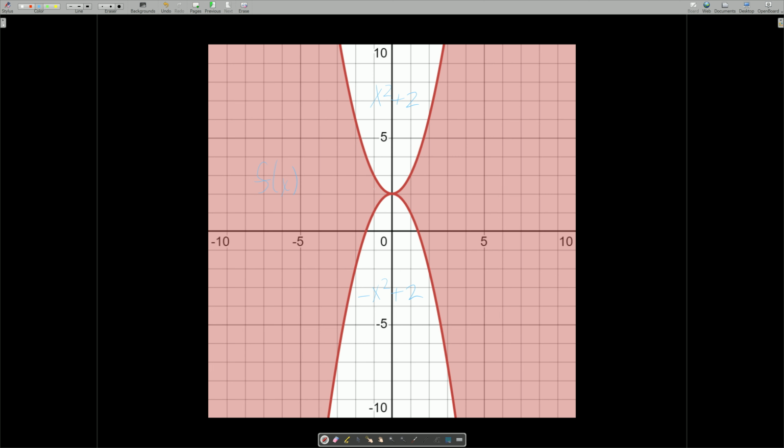Notice that f of x is squeezed between negative x squared plus 2 and x squared plus 2 at x equals 0. Notice that the y value here is 2. And that's why the limit as x approaches 0 of f of x is equal to 2, because the other two functions squeeze it into this little spot right here.